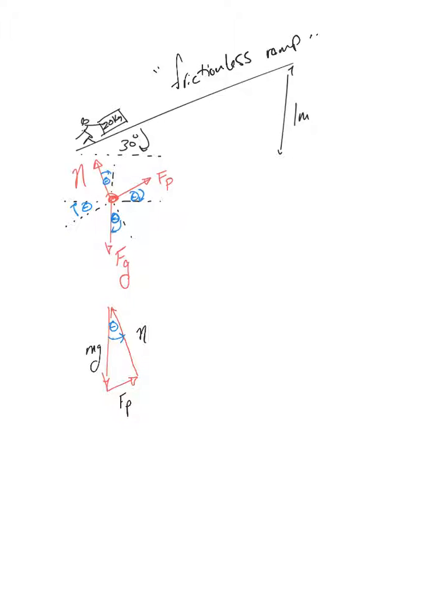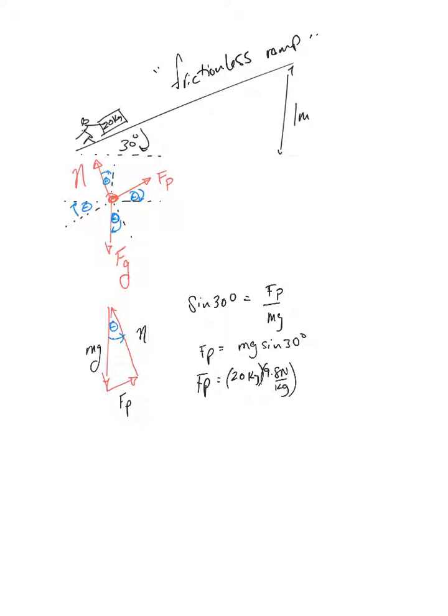And if you want to find the amount of force required now, force should be a lot smaller. After all, you're using a ramp. And sine would probably be a nice way of doing that. Sine of 30 degrees is going to be force of the person over mg, right? And so the force of the person is going to be mg sine 30 degrees. Force of the person, therefore, will be 20 kilograms times 9.8 newtons per kilogram.